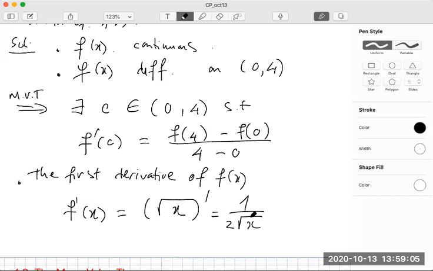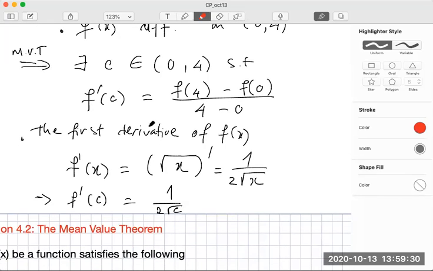Oh, Carson. Yeah, you wear a mask and I don't know where the sounds come from. Okay, thank you. So we have this, right? Therefore, what is the derivative of this function at the point c? Yes, we have this. Very good. So we found this, right?